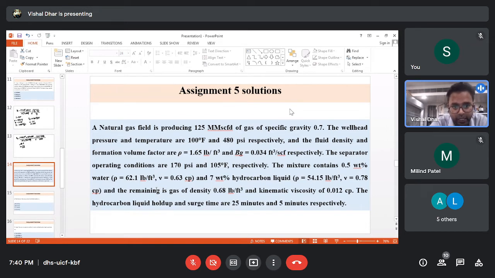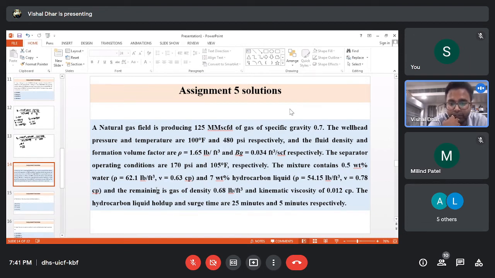See, the gas is producing 125 SCF per day. It is producing 125 standard cubic feet. You have to convert this into lb per hour. Day we can convert into 24 hours, and for standard cubic feet you have to multiply it with Bg, gas volume factor.